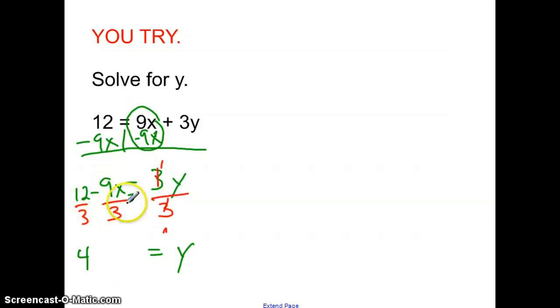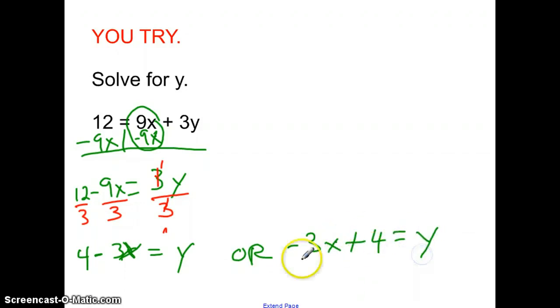And treating this as negative 9 divided by 3, that's negative 3x. This could also be written by flip-flopping them: negative 3x plus 4 equals y. These are two different ways to say the same thing, so both are correct.